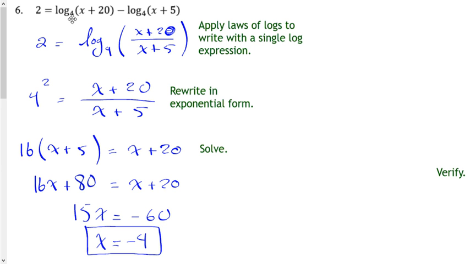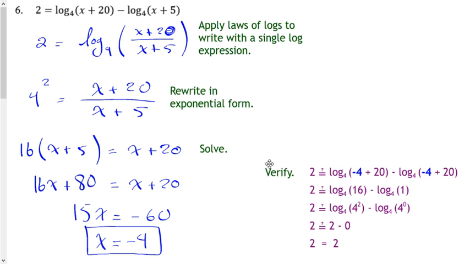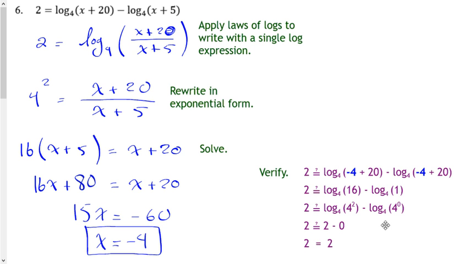And here a negative 4 plus 5 gives me a positive 1. That's also acceptable. So just because I get a negative value for x does not automatically mean that it will be a non-permissible value. And in fact, when we go through these steps for verifying, we discover left side equals right side, and so our solution of x equaling negative 4 is a perfectly acceptable real value solution.